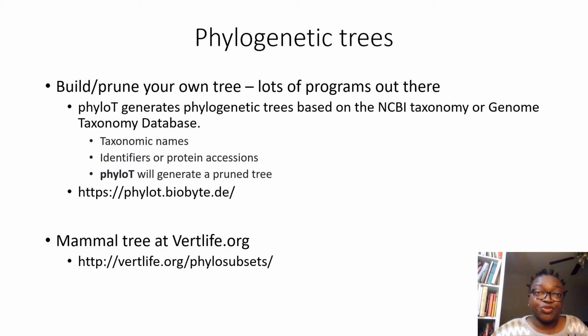But it's a really cool project that allows you to do all kinds of amazing work these days, which 5, 10 years ago wasn't really possible. So the tree that we're going to be using in the exercise came from the VertLife project. You should check it out. It's really cool.